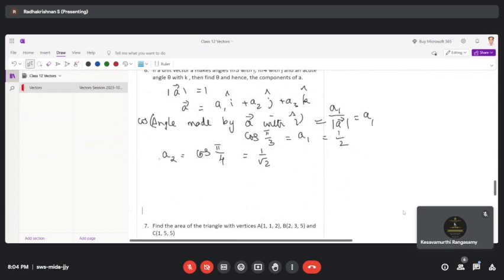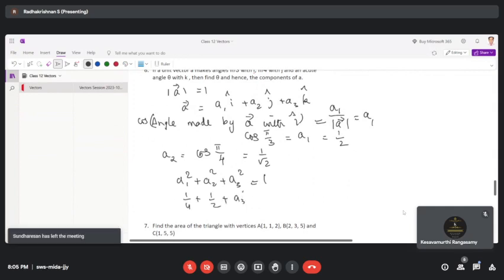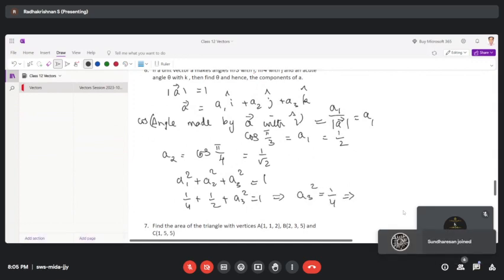So what is A3 then? A1 square is 1 by 4, A2 square is 1 by 2, plus A3 square equal to 1. This gives us A3 square equal to 1 by 4, or A3 equal to half.